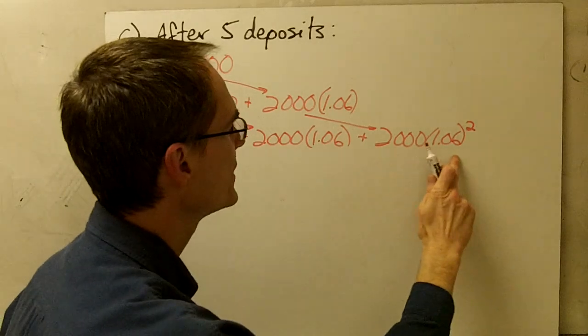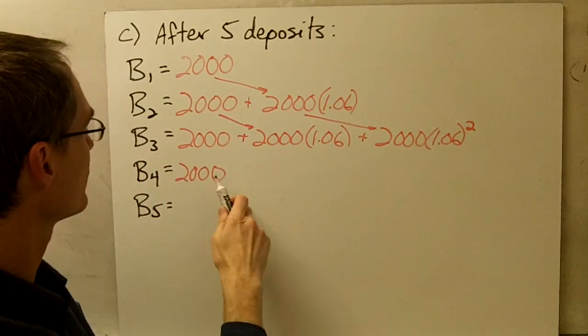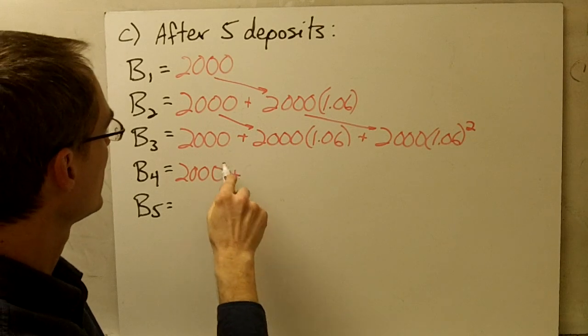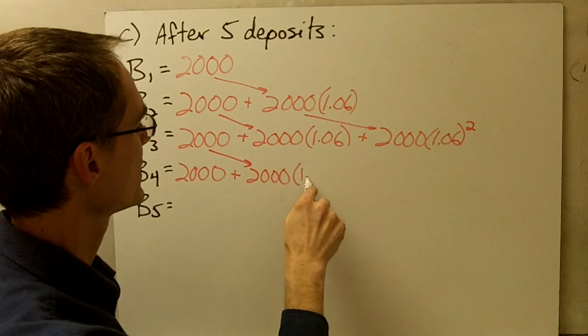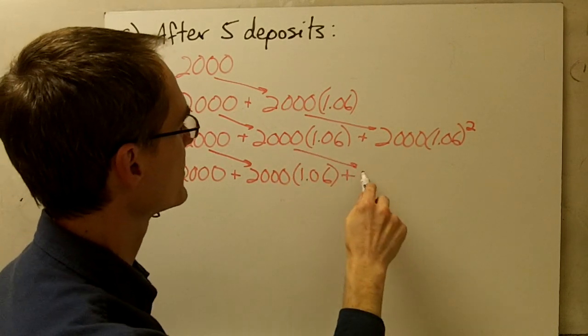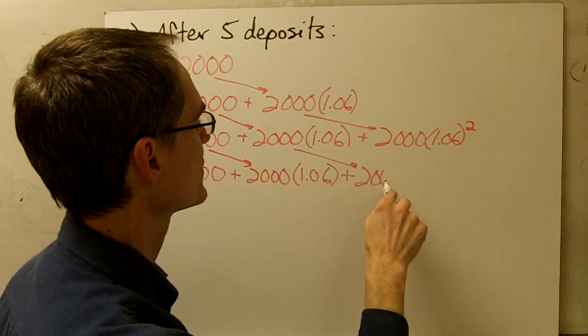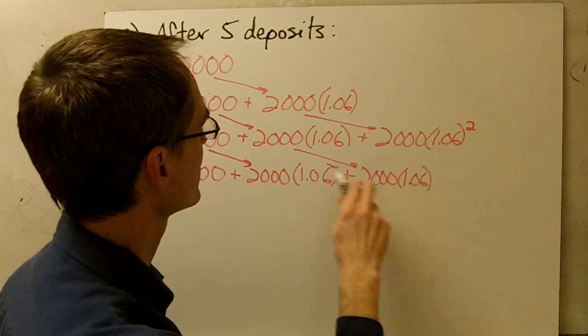Now all of this money is going to have earned 6% interest after having sat in the account for another year. So 2,000 plus this money is going to earn 6%, so that's times 1.06. This amount of money is also going to earn 6%, so that's going to be $2,000 times 1.06.